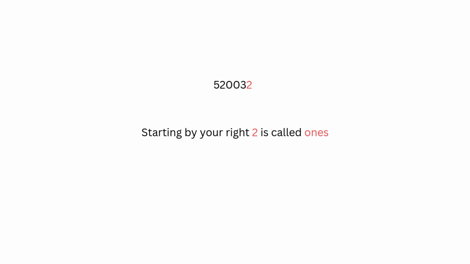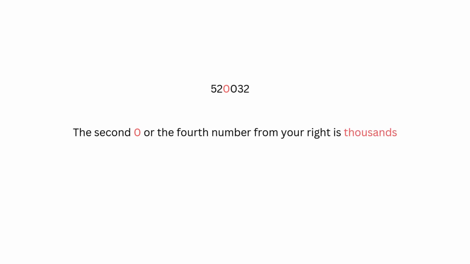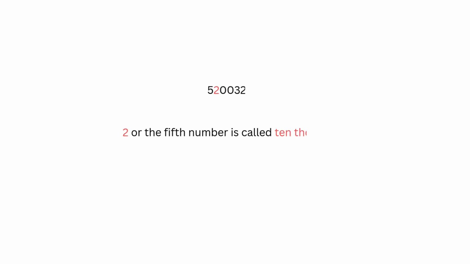The third number is called hundreds. The fourth number from my right side is called thousands. The fifth number from my right side is called 10,000s. The sixth number, which is the last in this example, which is 5, is called 100,000s. The overall of it will look like this.